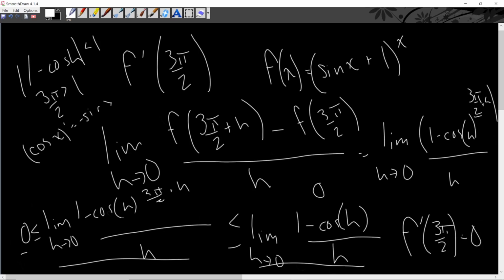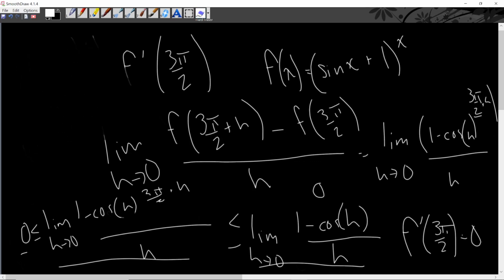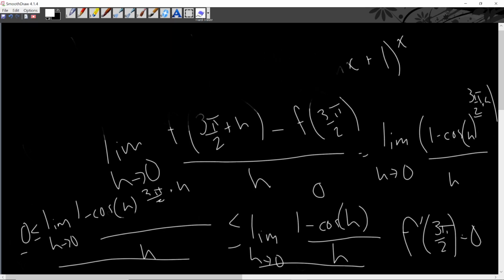I don't really know why I showed you this. I just like this. It's a pretty cool example of using the limit definition of derivative. It's an interesting looking answer, and it uses squeeze theorem, which I think should be used more often. So yeah, that was some practice of derivatives.